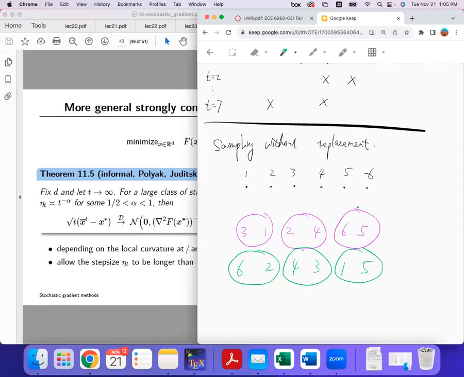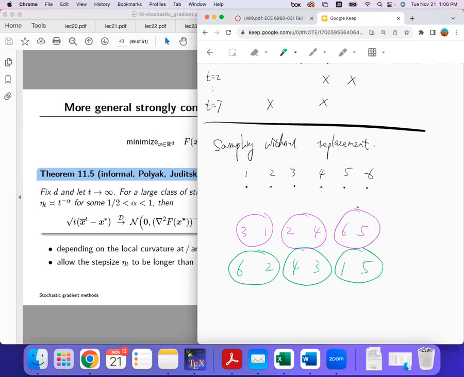And in this scheme, first of all, we are still doing random sampling. There is some randomness, and moreover, every data point will be used exactly once in every epoch.